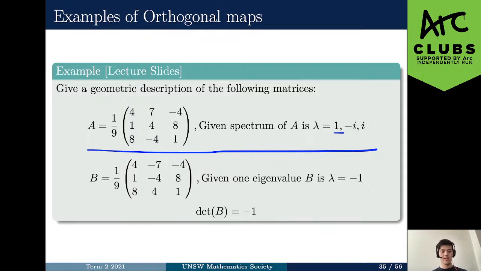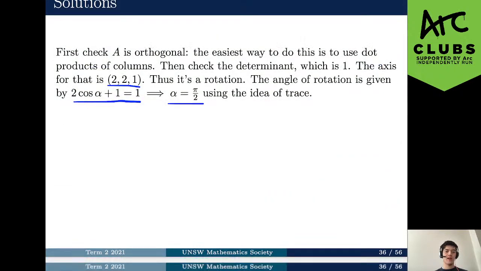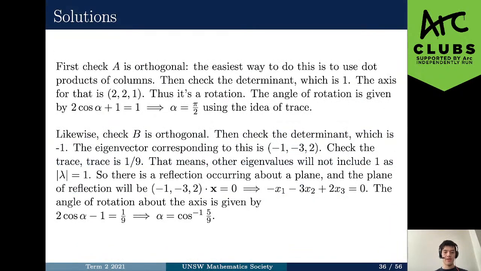And similarly, we do B like this, except this one has an eigenvalue of -1. So in order to do this one, you do the same thing. You find what the eigenvector is. But this is an improper rotation, meaning that first of all, we need to have a reflection followed by a rotation.